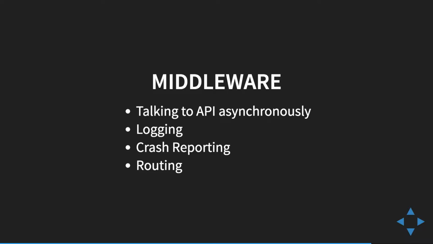That would be a little bit difficult. So they introduced this concept of middleware, and this handles all your side effects. So anything that's stateful, this will handle specifically API calls, logging, crash reporting, routing. All those types of things are handled in middleware.